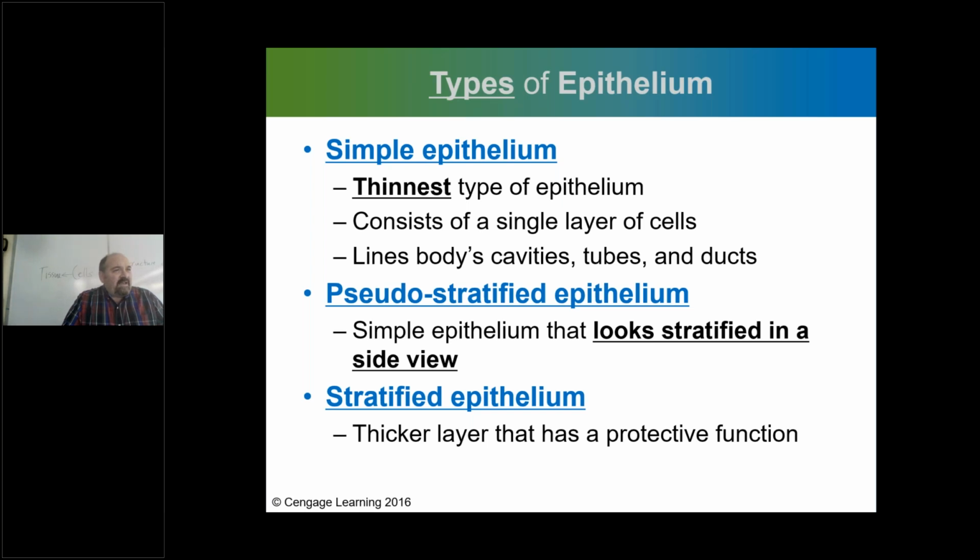That's how we determine it when we try to name a type of tissue. We would say it's a simple type of tissue. So simple epithelium, one layer, and it's the thinnest type of epithelium. So what would it do then? It would allow for movement of material back and forth. Say, how about movement of gases back and forth in the lungs, right?